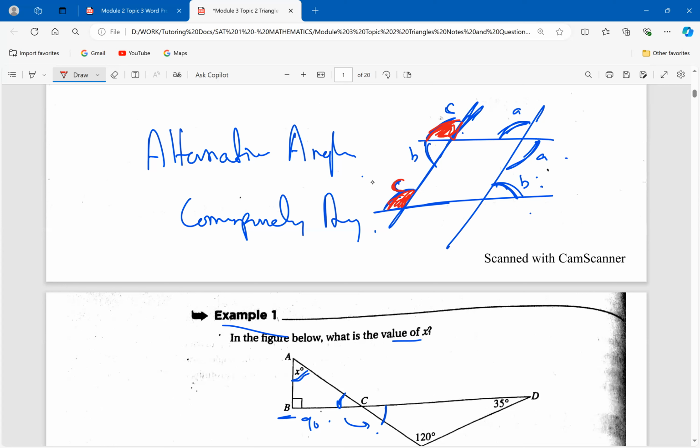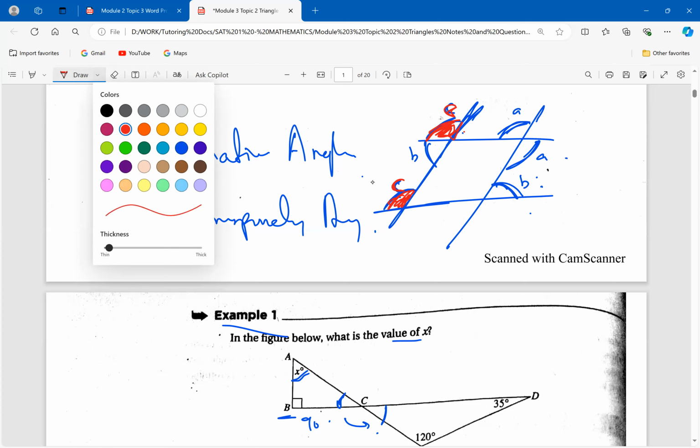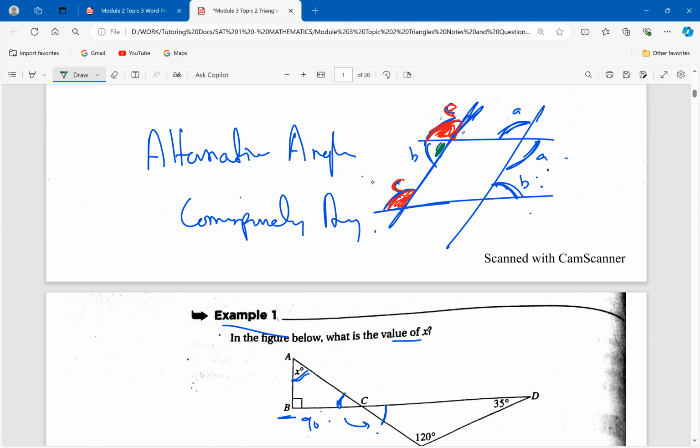I'm writing C on top of these angles, okay? Then the angles I'm coloring green, these angles are alternate angles. I'm writing A on top of these. So alternate angles are green. Then the remaining ones, the blue ones, they're called vertically opposite angles. I'm writing V. Now, I hope this is pretty much clear to you guys.